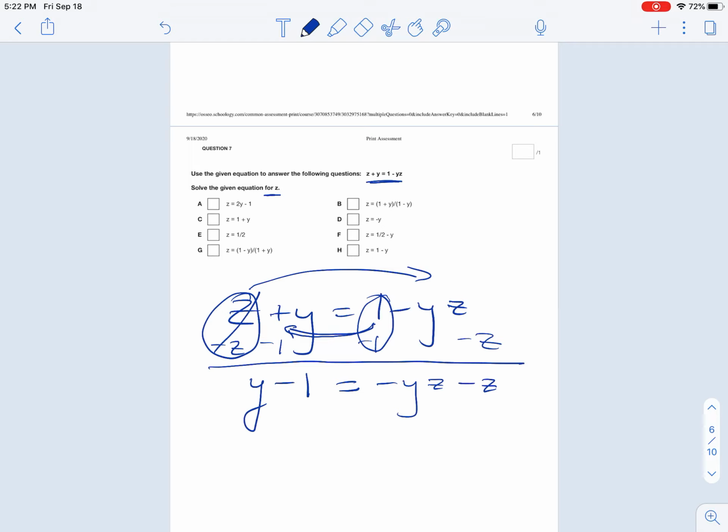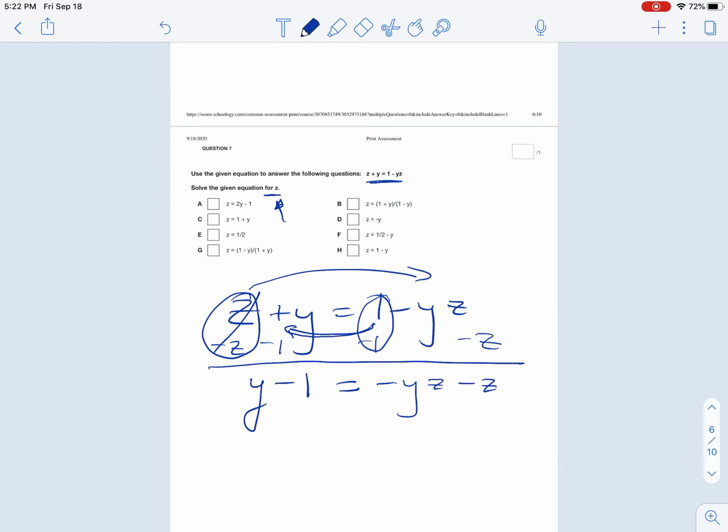And so the next thing we want to do is, okay, I need to get rid of something. I have to get z all by itself. And here is a trick that you might have to remember from a previous math class. Sometimes you have to go, okay, there are two z's here.